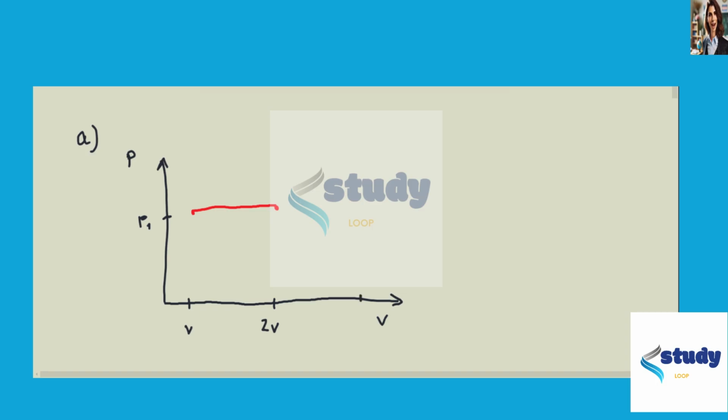This is the volume, and this is the dropped pressure after the adiabatic process. This is point 1, this is point 2, and this is point 3, with pressure 3 and volume 3 corresponding to point 3.